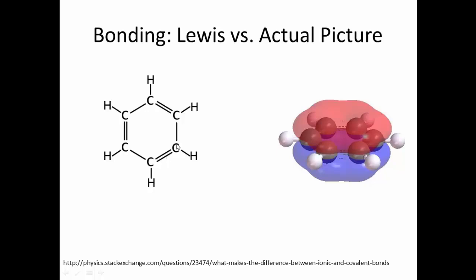The actual picture for benzene is a delocalized pi bond over this entire molecule. It kind of looks like a hamburger bun. So I really want you to get to the point where you can think about bonding. It's not localized like these Lewis dot structures. We actually have this delocalization of electron density.